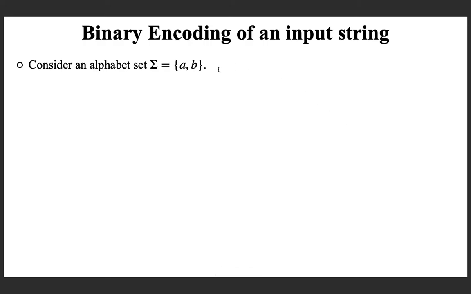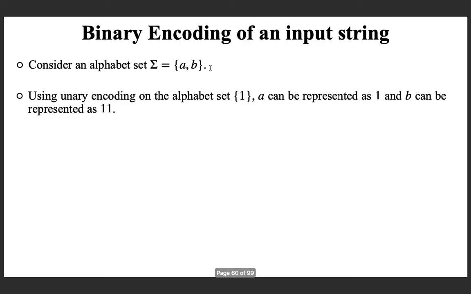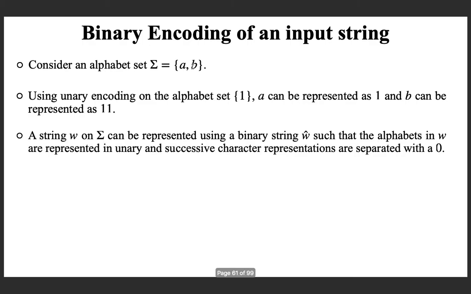Suppose you have this input alphabet set {A, B}, and you know that using unary encoding with the alphabet set, A can be represented as 1 and B can be represented as 11, the first alphabet and the second alphabet. Then we can apply a very similar concept to encode a string.